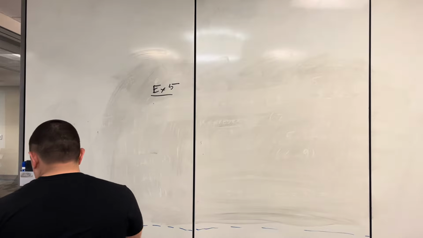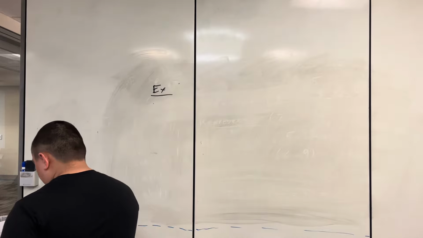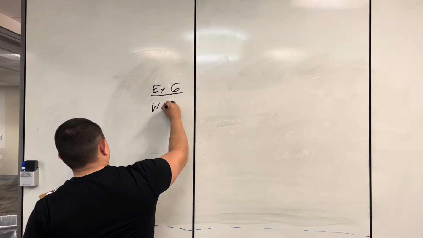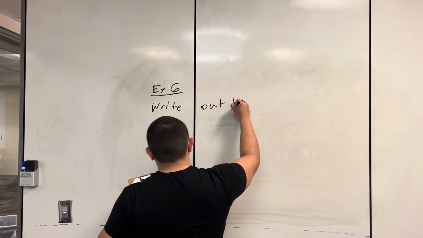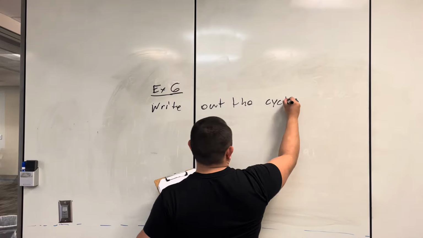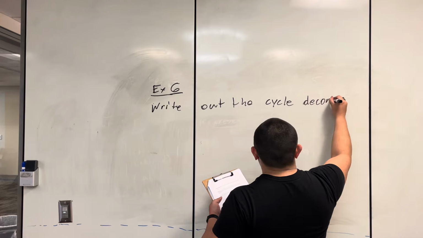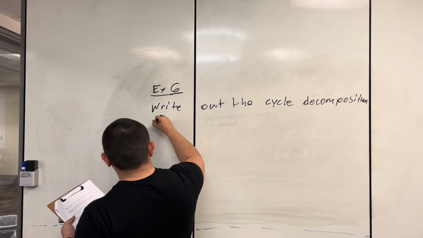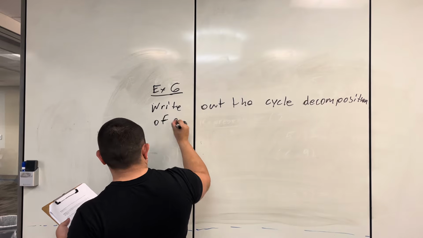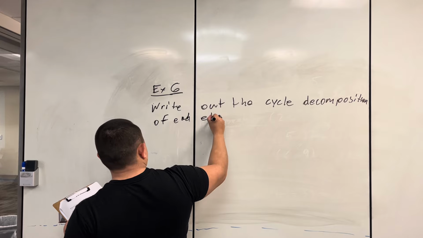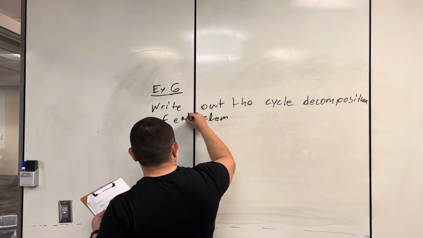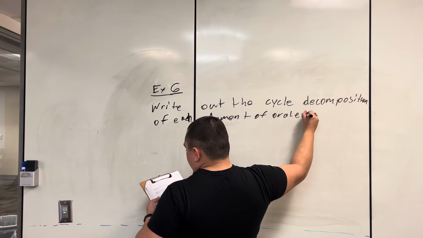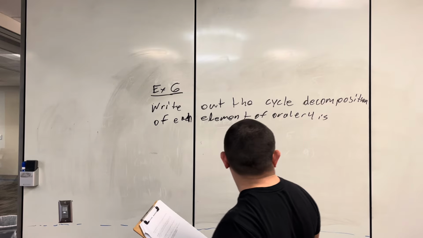So let's go on to exercise 6, which is: write out the cycle decomposition of each element of order 4 in S sub 4.